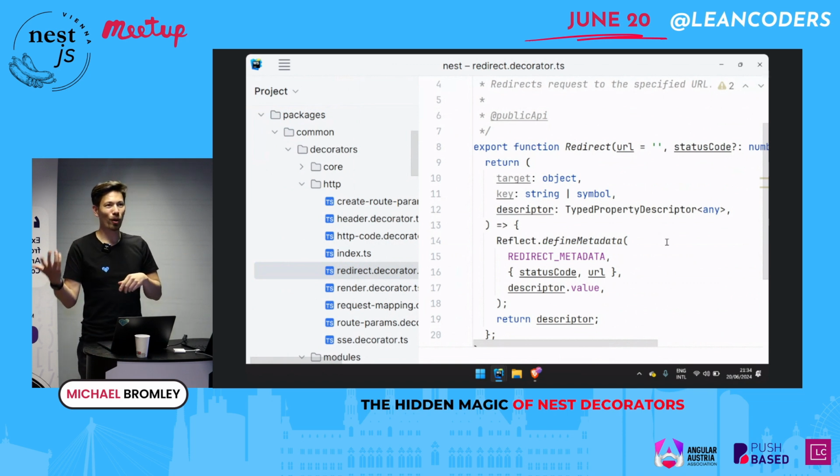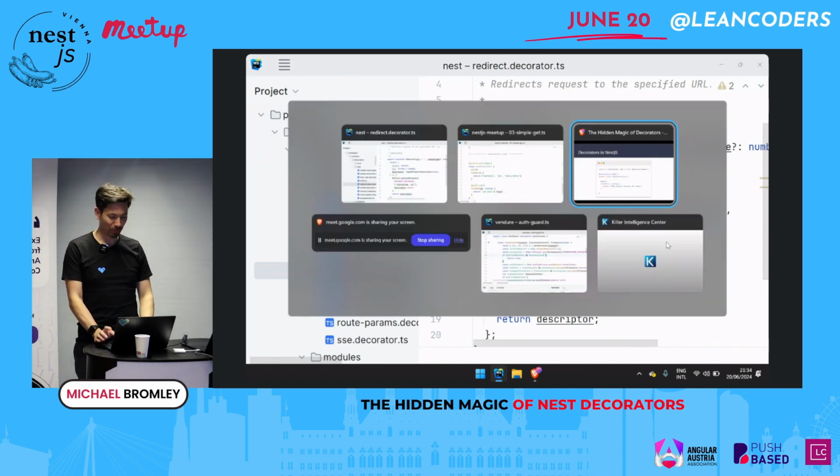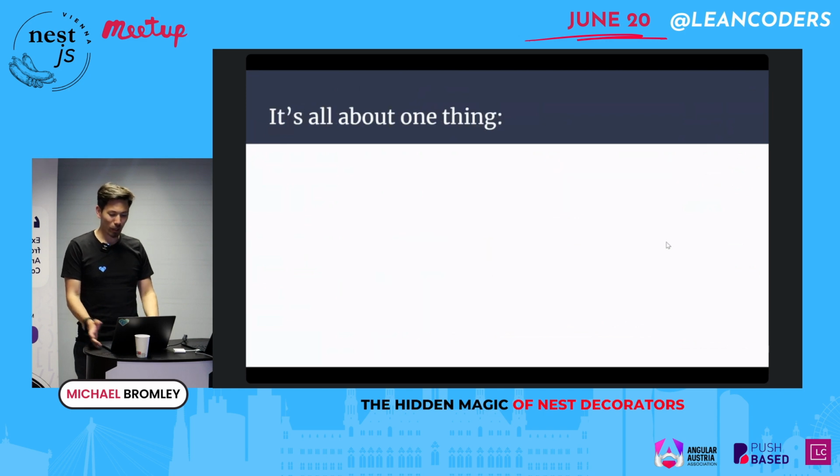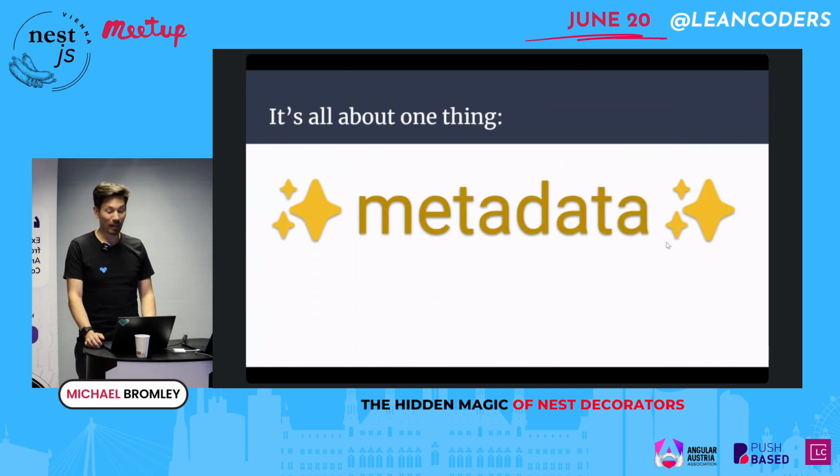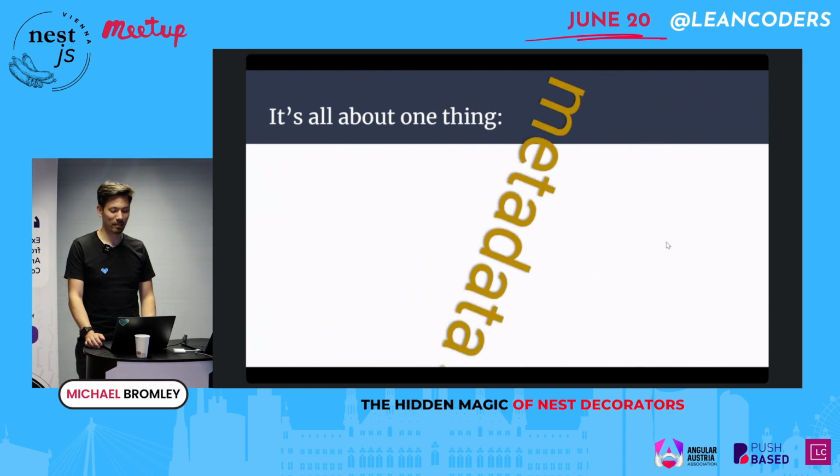Or what part of the request object should we return now? The metadata points to the property name that we need to return when we do the @Body decorator or whatever. It's just setting metadata. So the conclusion is it's all about one thing, and that is metadata.